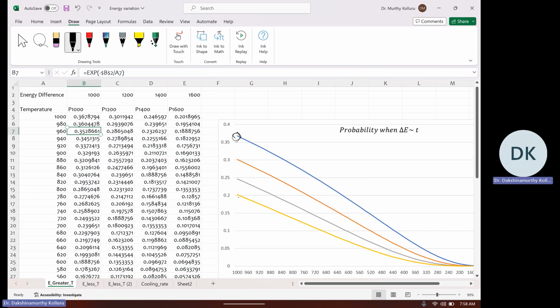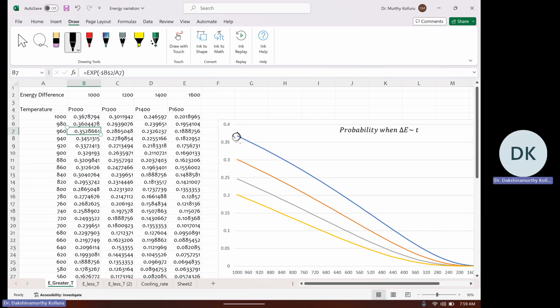Which means the worse the objective, the lower the probability of acceptance. When the difference is only 1000, I accept with 36%. When it is 1600, I accept a bad solution with only 20%. So if my objective is getting very bad, I will accept it with a lower probability. That's a good property of the function.